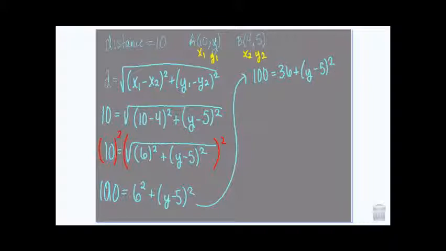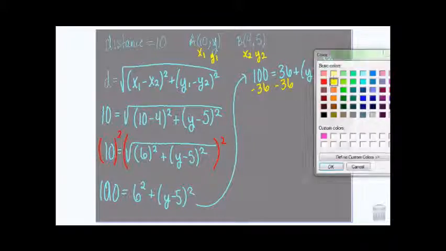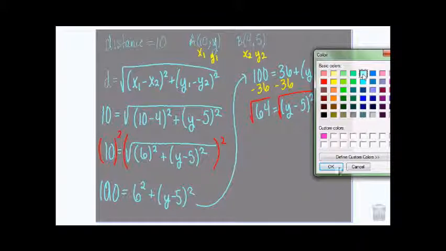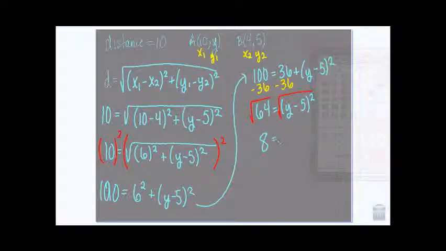Then I'm going to subtract 36 from both sides, and I get 64 is equal to y minus 5 squared. I'm going to take the square root of both sides, and we're going to get 8 is equal to y minus 5. And I'll add 5 to both sides, and I'll get 13 is that y coordinate that's missing.